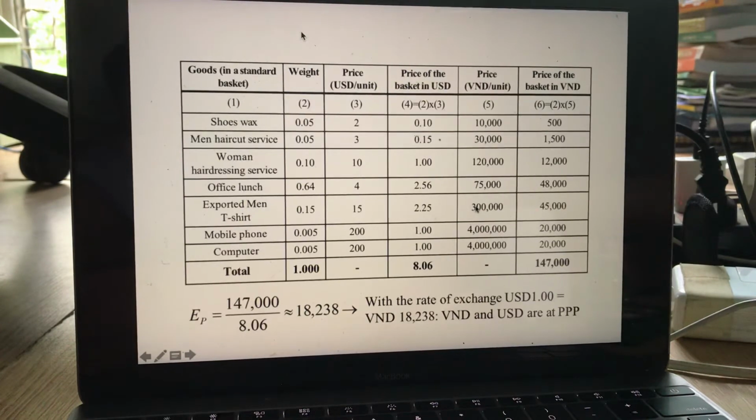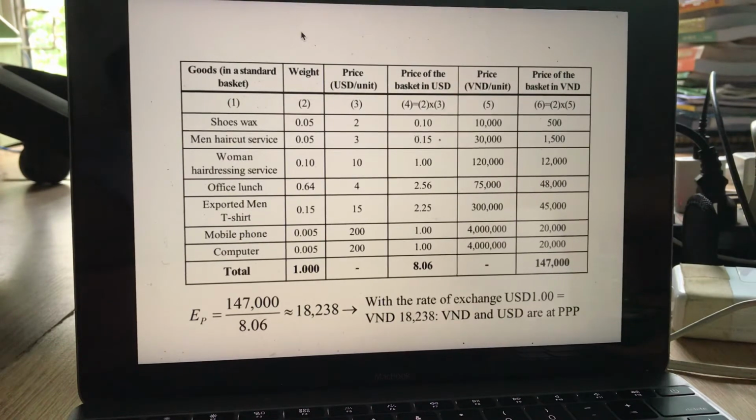So where does the figure, like the exchange rate of USD against VND, come from? First we need to define the standard basket of goods, the standard basket of products in the domestic and in the foreign country.